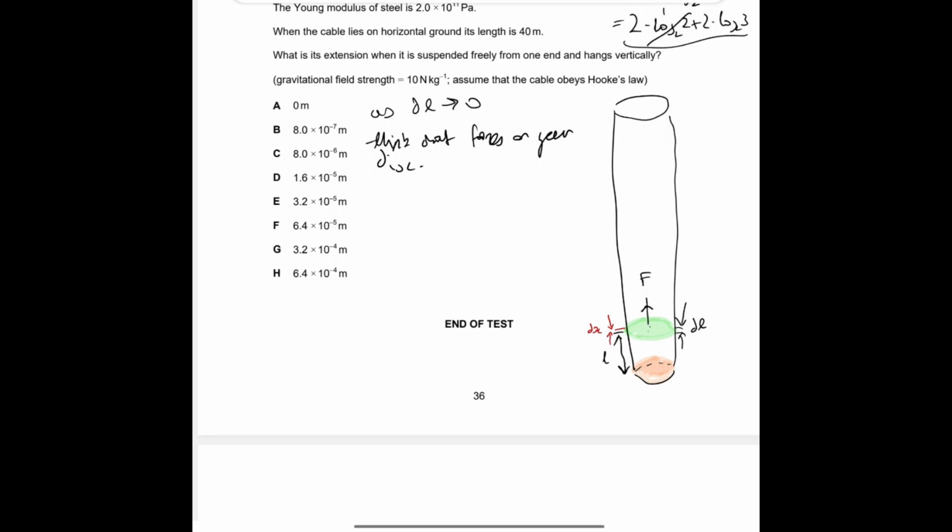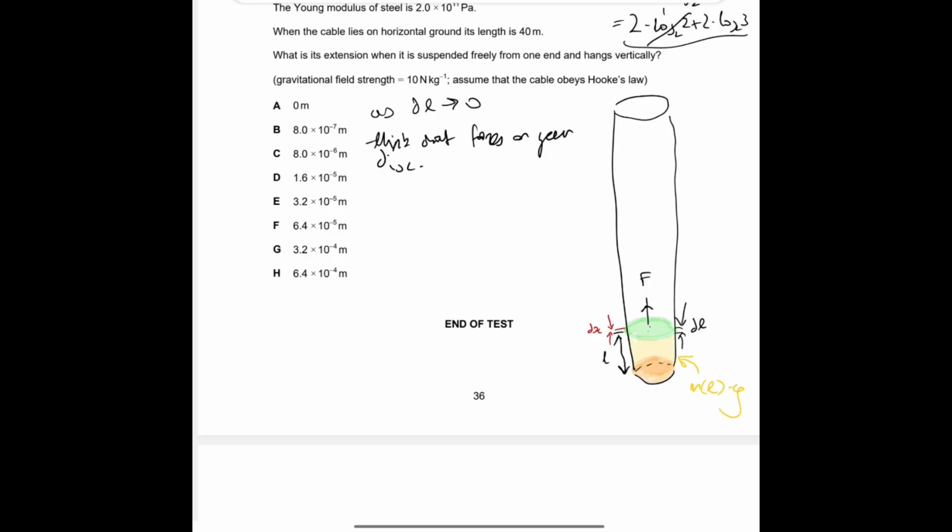But also, if we imagine treating the rest of this cable that's below it as one object, it's going to weigh a mass ml, where ml is its mass.